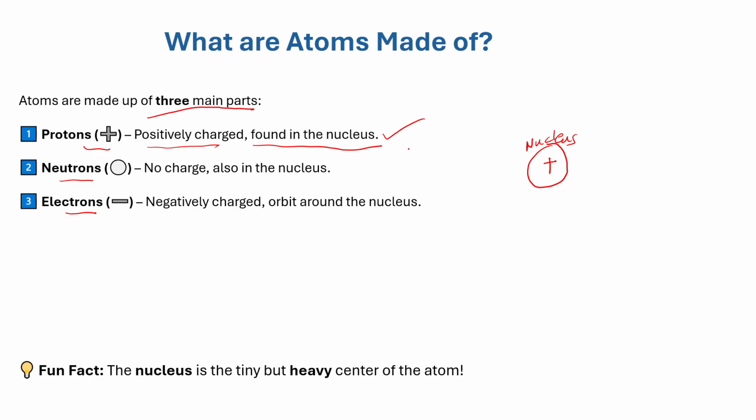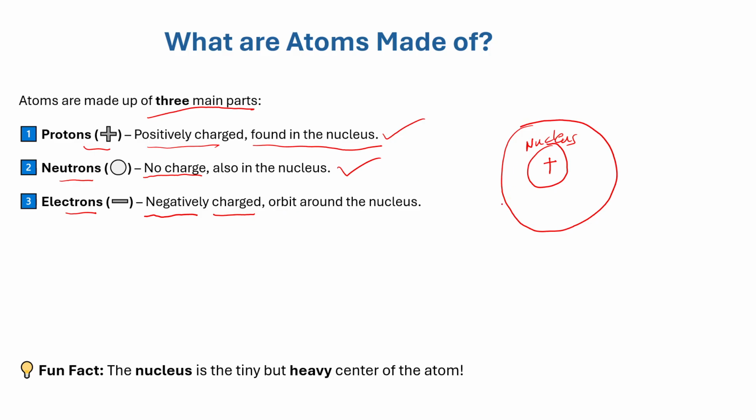The nucleus also holds the neutrons, and neutrons do not have any positive or negative charge. They can be considered neutral. And the electrons stay outside of the nucleus and rotate in orbits, and electrons are negatively charged.